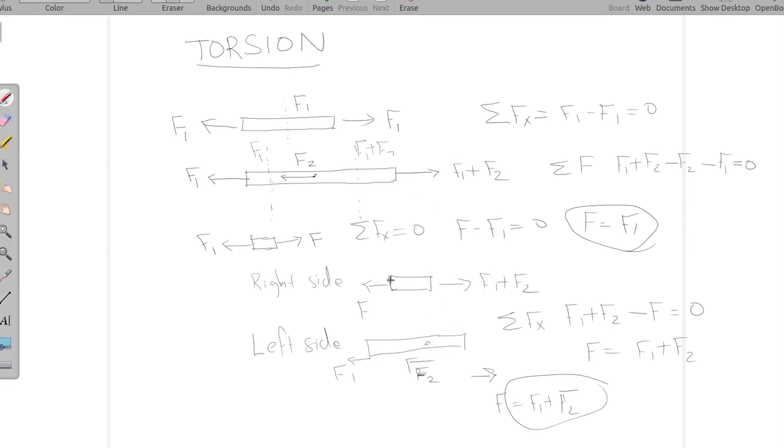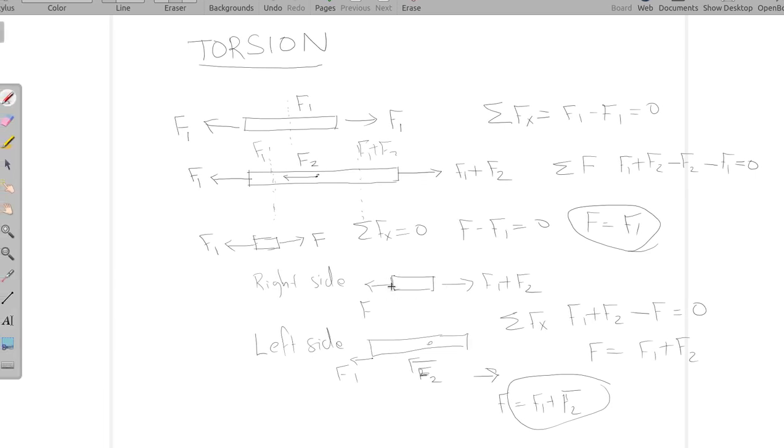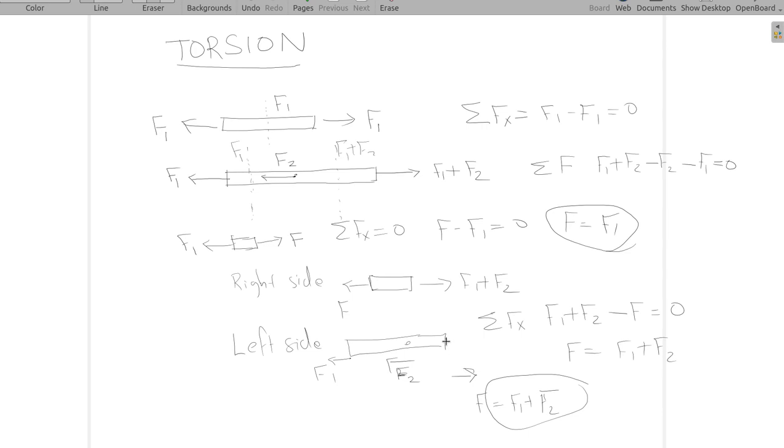You may have seen that when I took the right side part, I got F towards left, and when I took the left side part, I got the internal force resultant towards right.